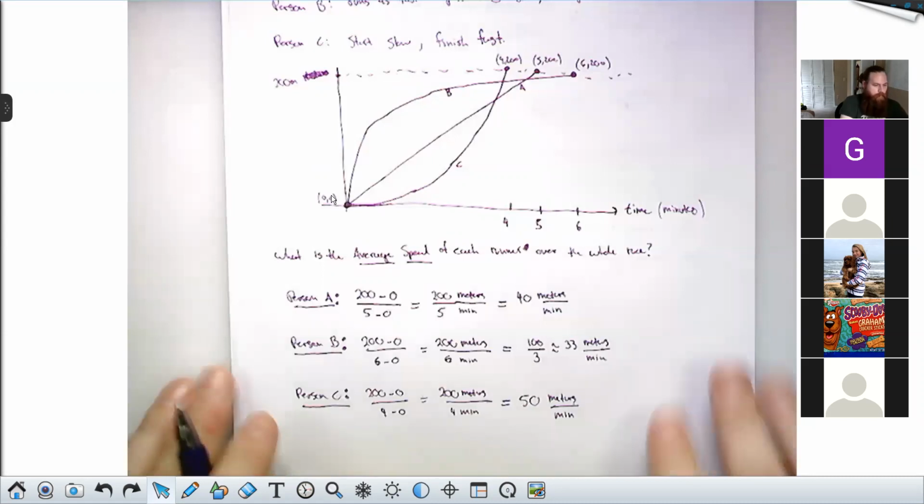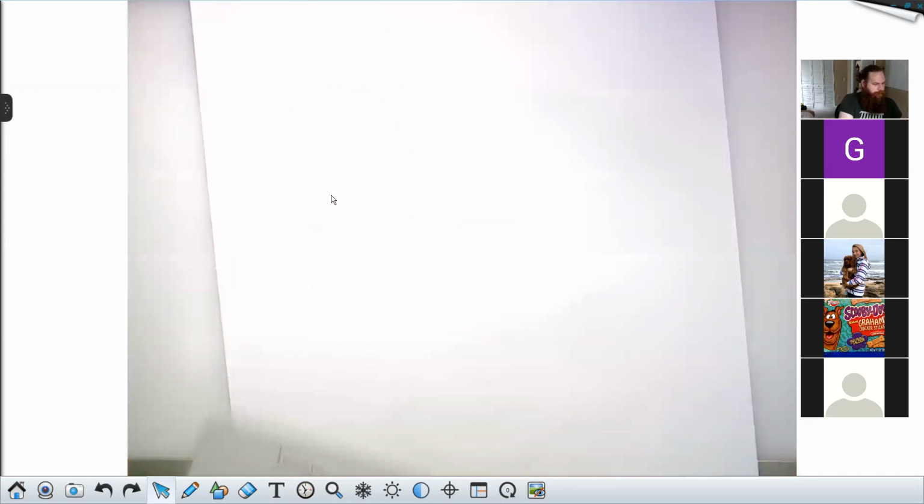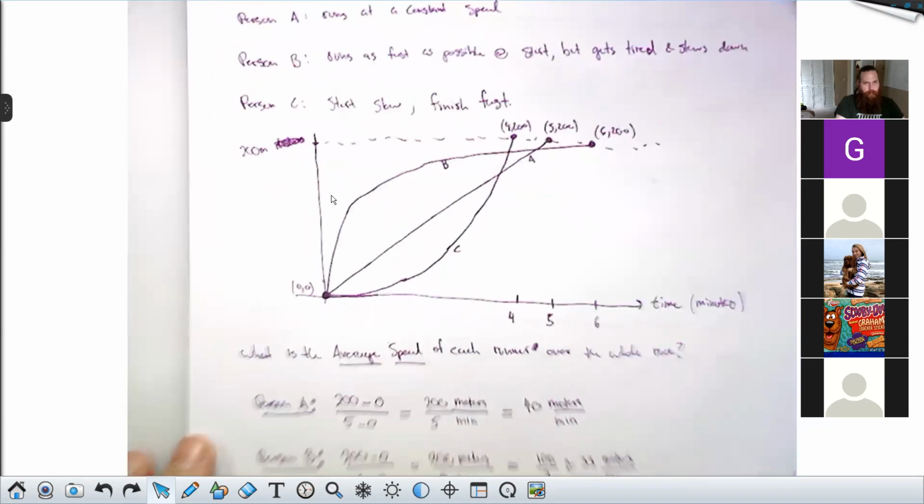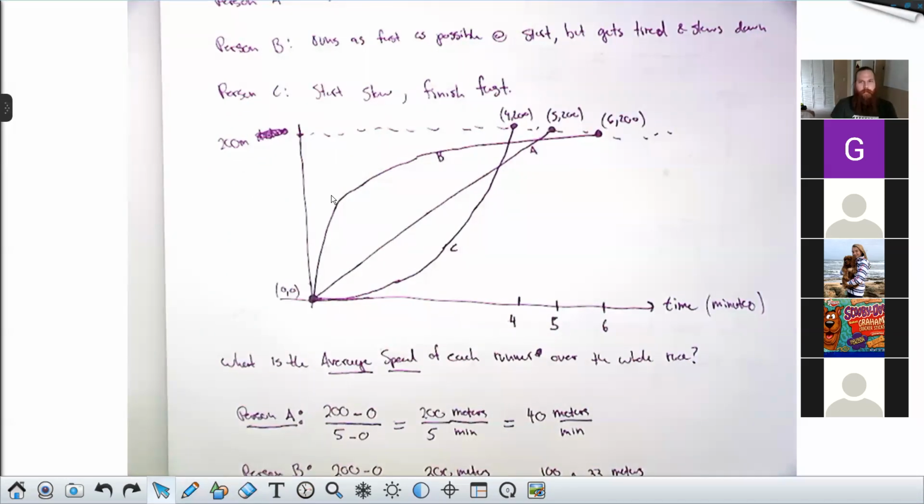Okay then. So I'll talk just a little bit more about this graph to introduce where we're going to go. We can talk about the average rate of change for each of these guys just by calculating the slope connecting any 2 points. These guys all had slightly different average rates of change over the total race, and that's fine.